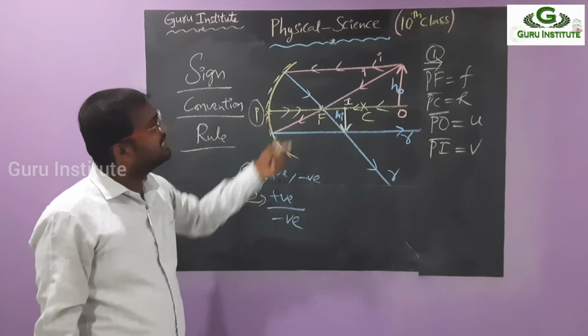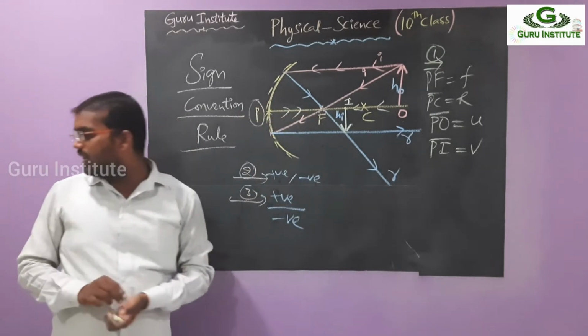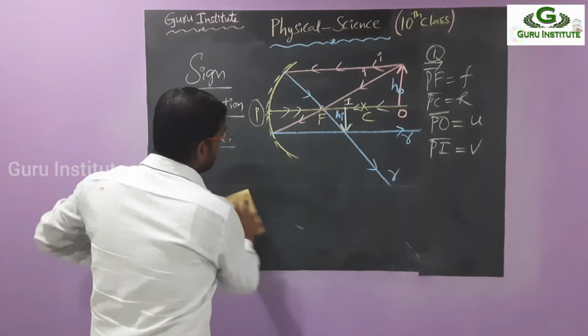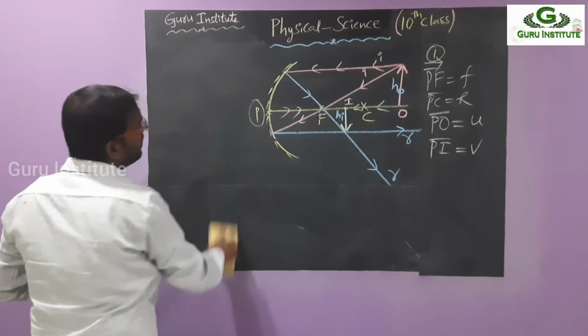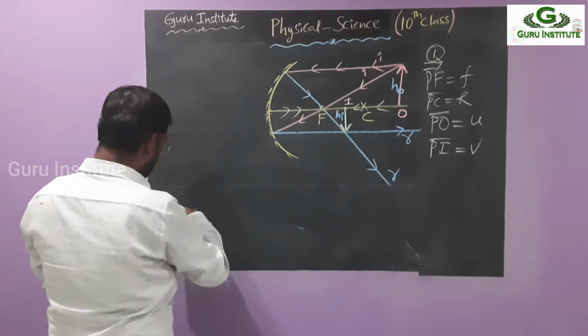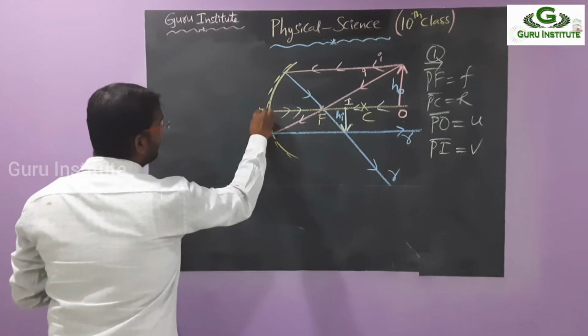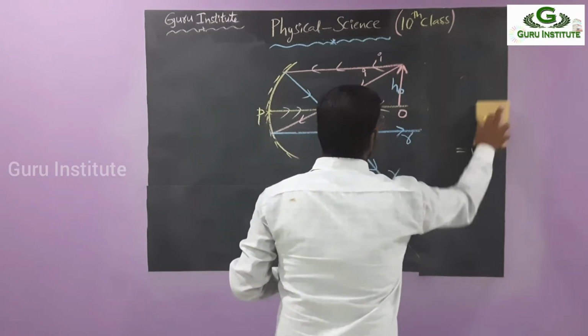Now we have to apply these sign convention rules to the concave mirror as well as the convex mirror. This picture shows a concave mirror. Now I have to draw the convex mirror for observing all these cases.